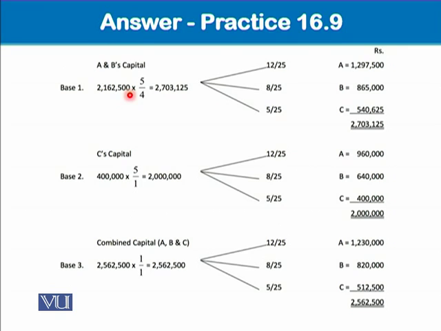4/5. So if 2.162 million is representing 4 slices, divide it by 4 and multiply by 5. If it is representing the capital for 4 slices, how much is the capital required for 5 slices?